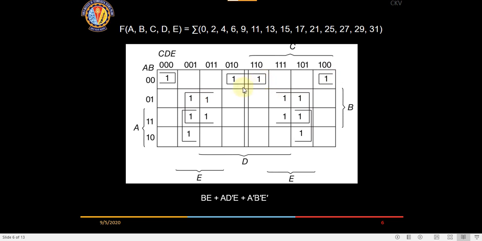Suppose can we group M0 and M2? I'm asking about 1 at M0 and 1 at M2. M2 is the right side of this: 0, 1, 3, 2. Right?